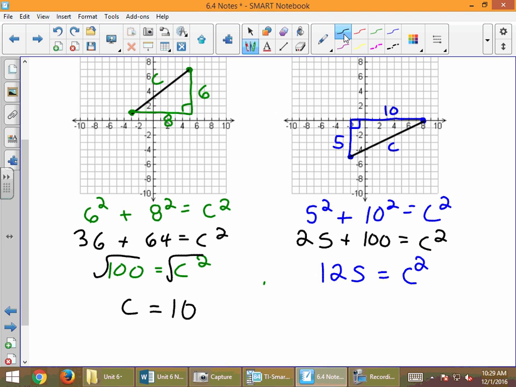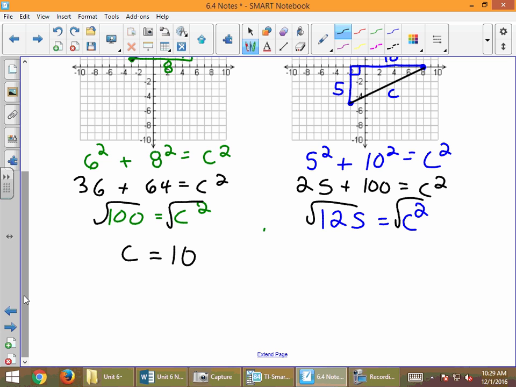And we know the last step, just like before, is reduce, what do we say? Square root. All right, is 125 a perfect square? Perfect cube, you guys don't know about that yet, but it is not a perfect square. So what do I have to do when I don't have perfect squares?